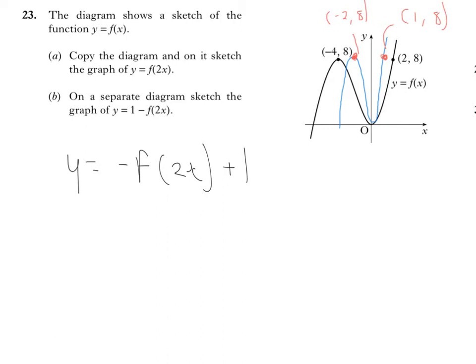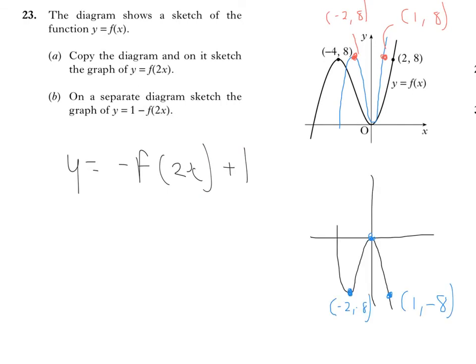With BODMAS, you need to do brackets first, then multiplication, then addition, subtraction. So we do this bit first, the horizontal compression. That's happened already. Then we would do the minus 1 times bit, and that's a reflection across the x-axis. Then we would shift the thing up by 1 unit.